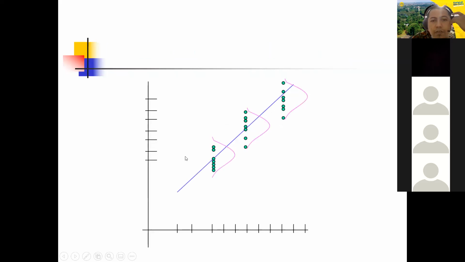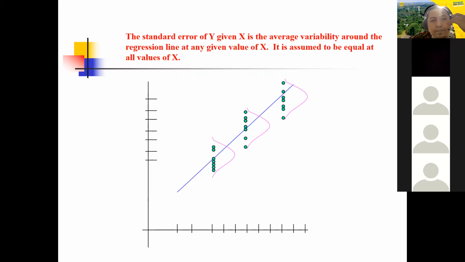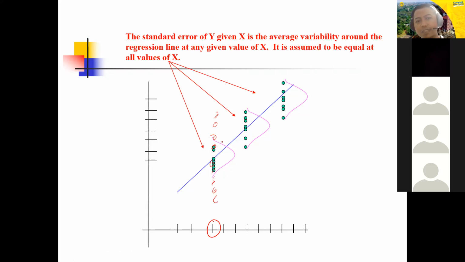So you can see here, it means that at every value of x there are many possible outcomes of y. You can see y could be here, here, something like this.